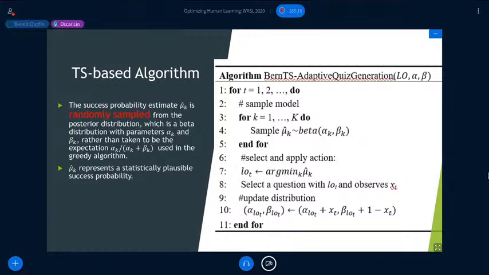Yes, you are right. A very good question. This mu i could be changing over time. But for the current quiz, we assume they are fixed. But they are non-stationary, as you said.